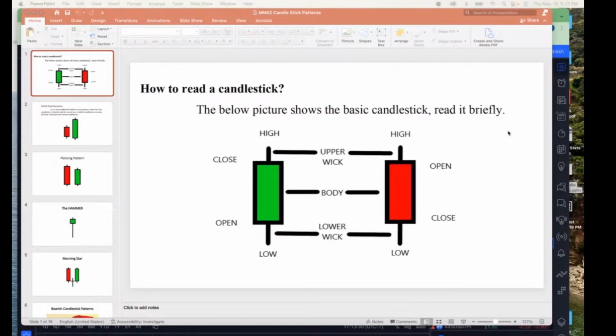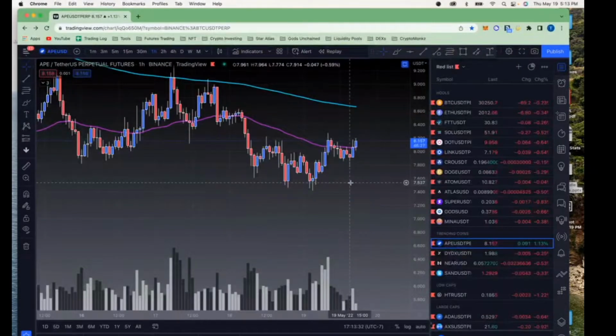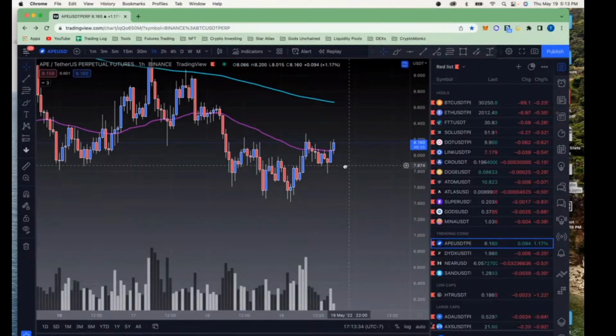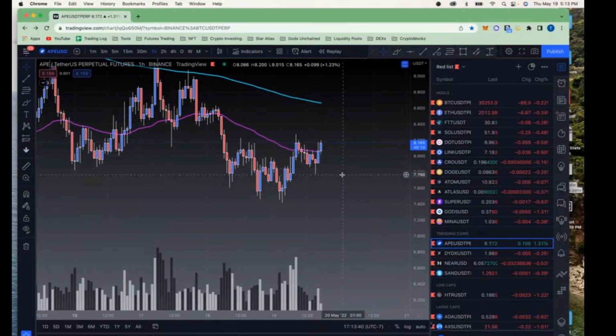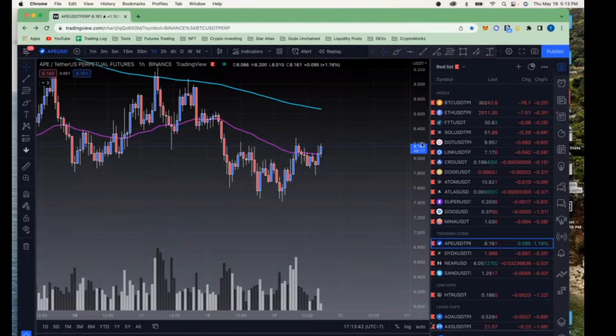Okay, so in an example right here, I like to look at ape just because it follows very similar to the trend of Bitcoin and ETH and the general market, but because it's a lower cap coin, it's a little bit more volatile and it moves a little quicker.